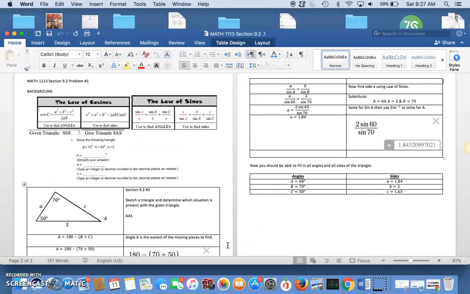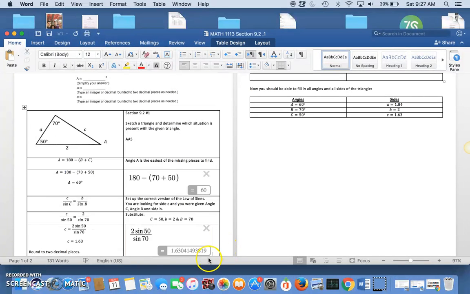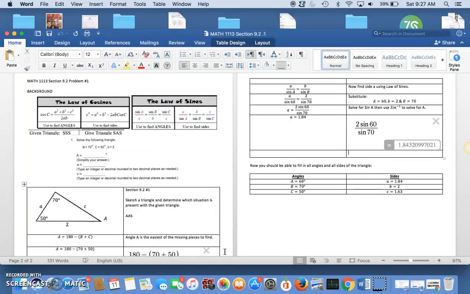Now, we've still got to find side A. So let's go find it. It must be over here. It is. We're looking for A now. So we'll do A is to sine A as B is to sine B, because the combination we were given in the original problem is the B's.